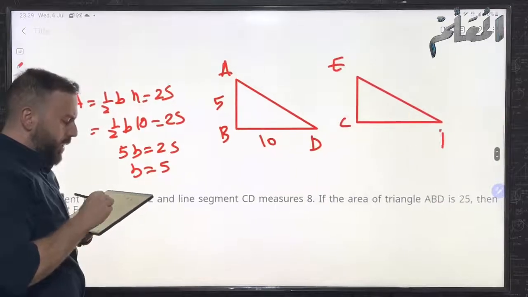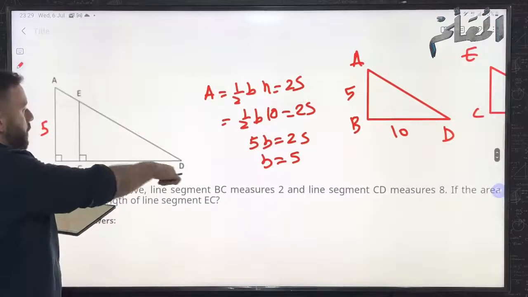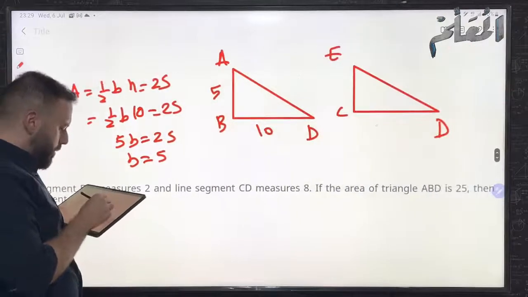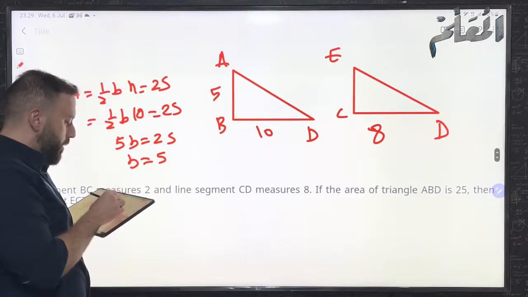EC, and here we got D, fine. Now I have CD, which is equal to 8, great.